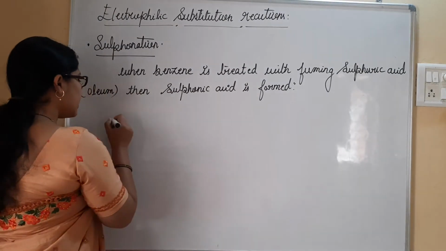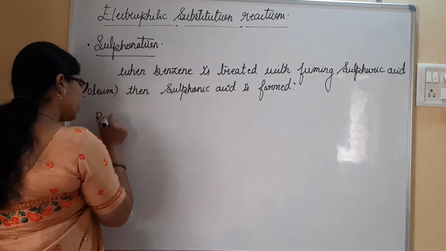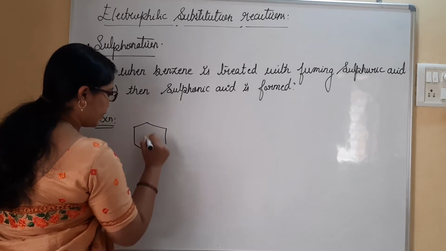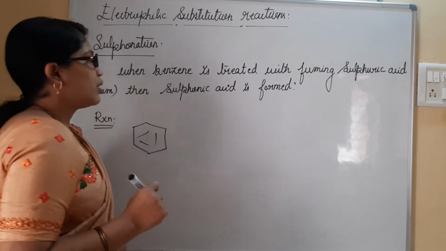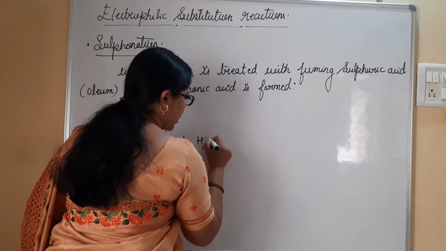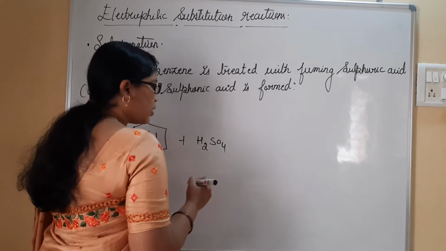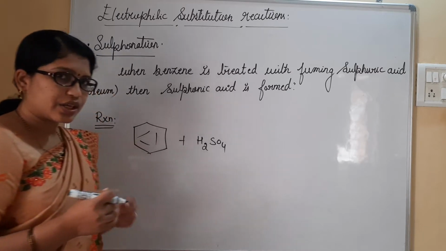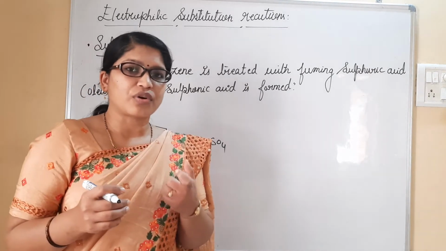So let me consider the reaction part now. Benzene should be treated with sulfuric acid, H2SO4. So how should H2SO4 be ionized here in order to get the electrophile?